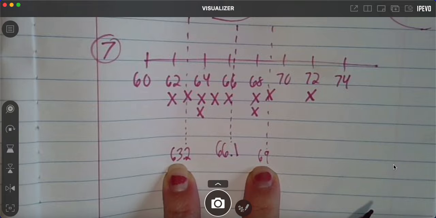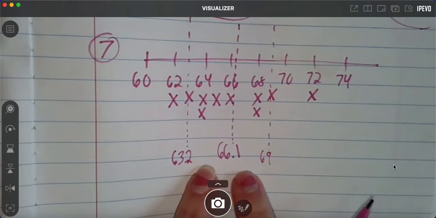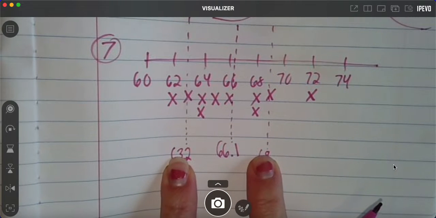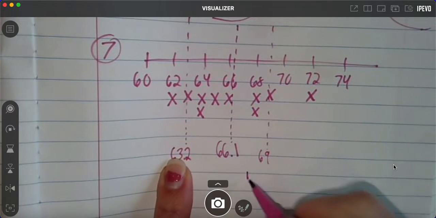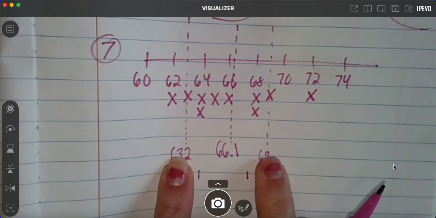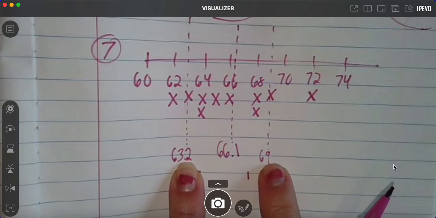Okay, so I didn't include all my data. I went out 2.9 in both directions. It didn't include all my numbers. So this was 1 standard deviation, and I'm going to have to go again.